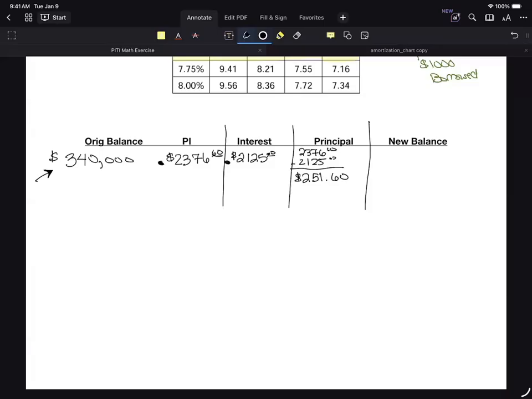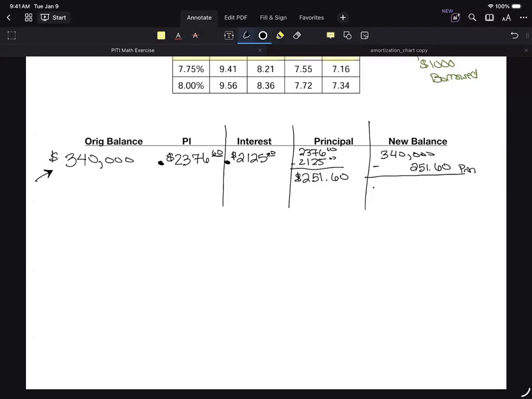So even though in this first month you wrote them a check for $2,376.60, only $251.60 goes towards reducing your balance. You started at 340 and you made a payment, but only $251.60 went towards reducing your principal.